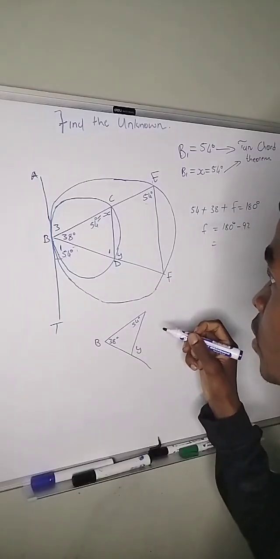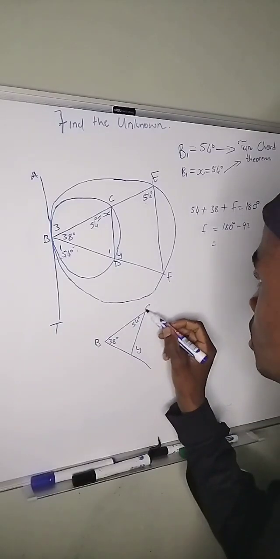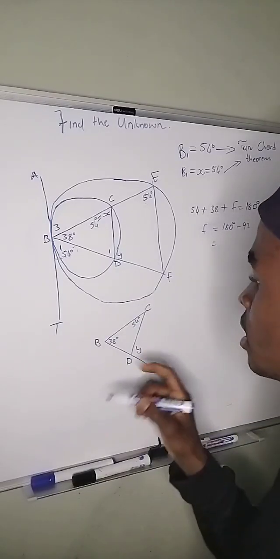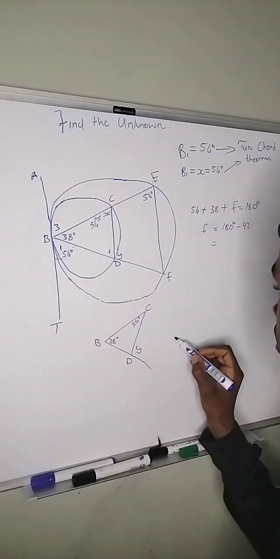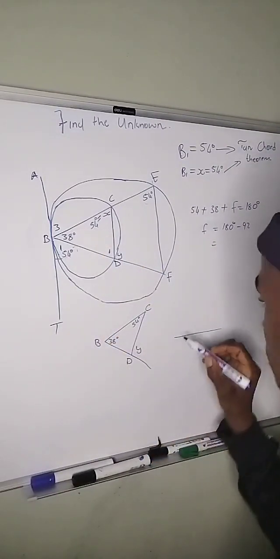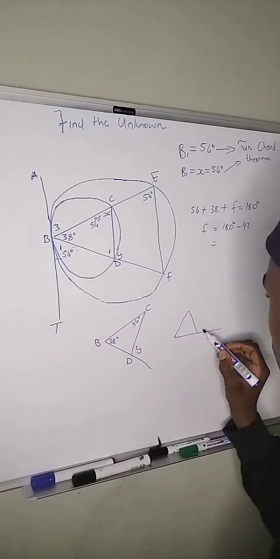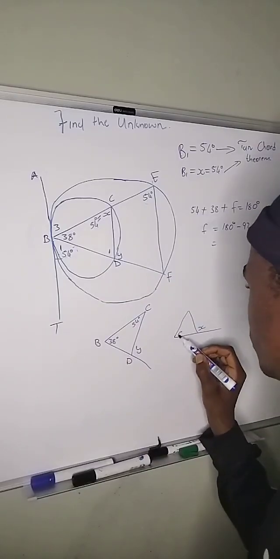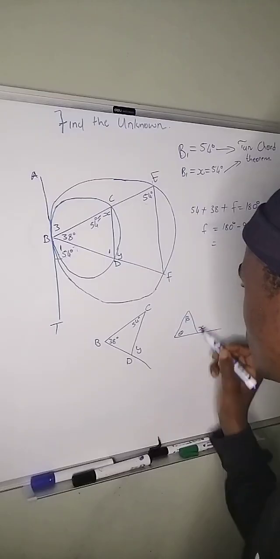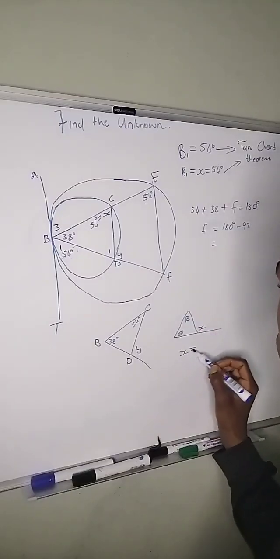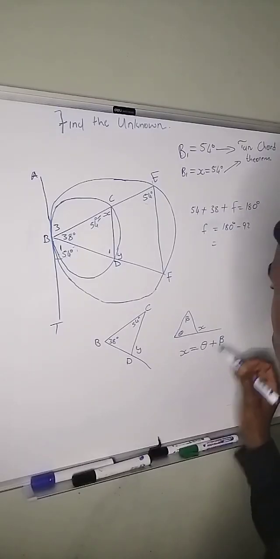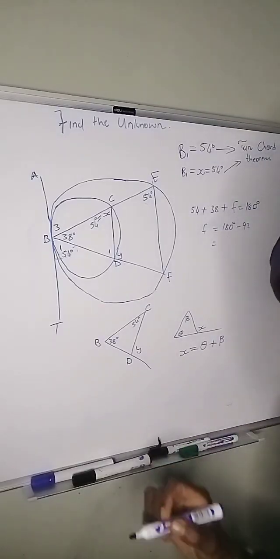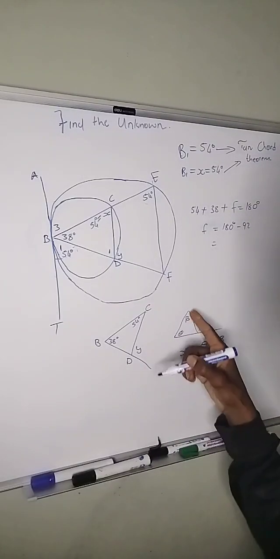Let me ask first. Is this similar to that? Because obviously if we have something like this, and we have x, and we have theta, and we have beta, then x is going to be equal to theta plus beta.